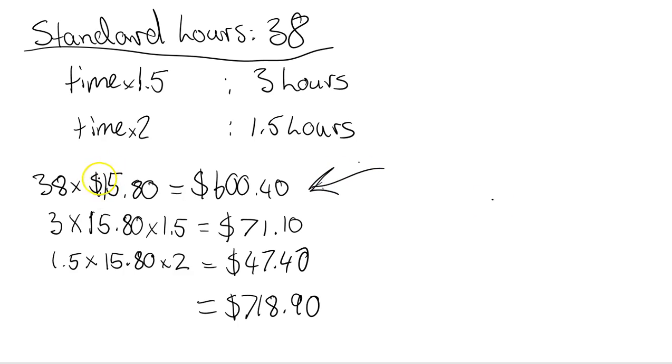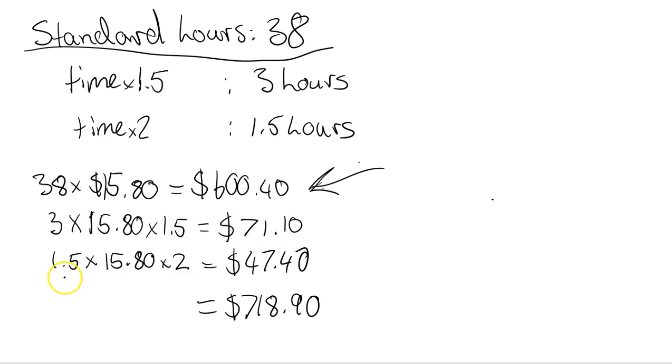So 38 hours times $15.80 works out to $600.40. And then the 3 hours times the same rate times time and a half, which is 1.5. Because multiplication is commutative, you can just do it in the same calculation.